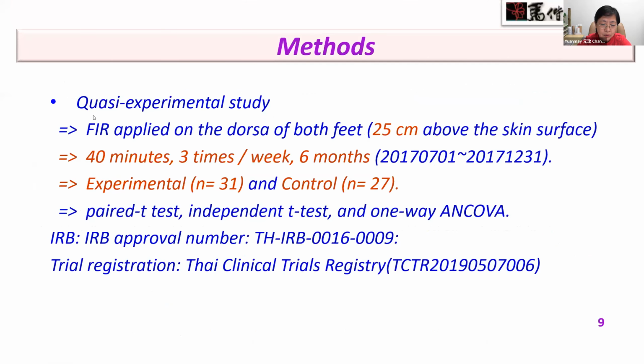This is a quasi-experimental study. The FIR was applied on the dorsal of both feet at 25 centimeters above the skin surface. Each patient received it for 40 minutes, 3 times a week for 6 months.